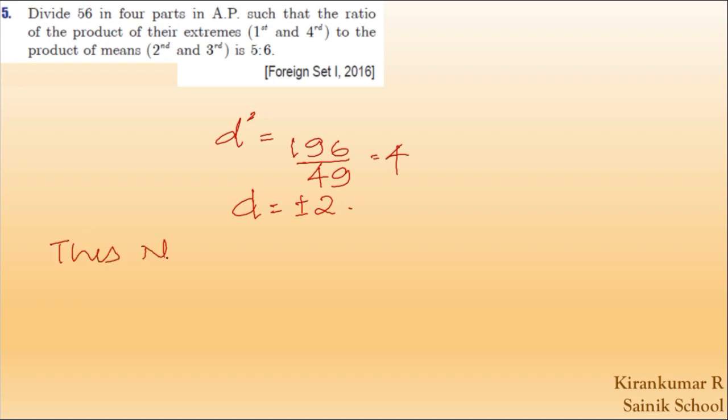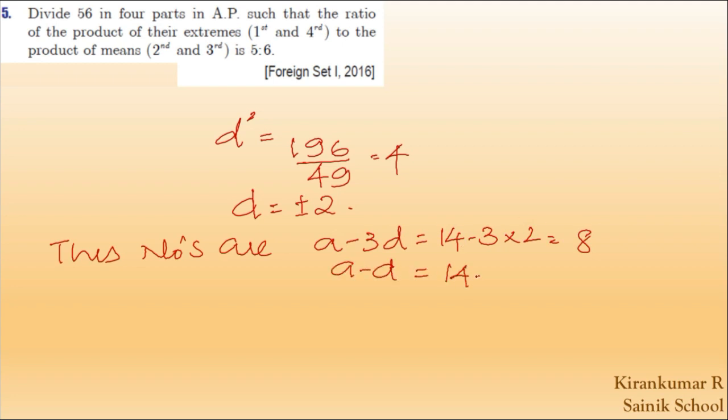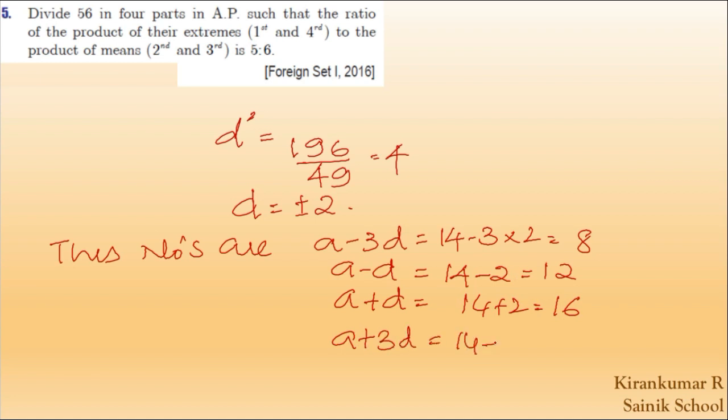Thus the numbers are a minus 3d, which is equal to 14 minus 3 times 2, which is 8, a minus d, which is 14 minus 2, 12, a plus d, we get it as 14 plus 2, 16, and a plus 3d, which is 14 plus 3 times 2, which is 20.